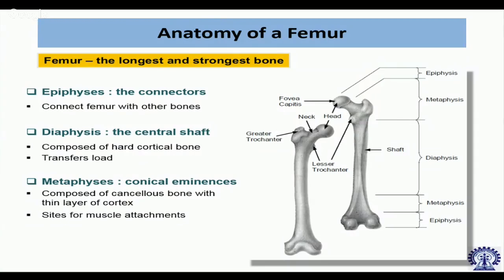We will discuss that a little bit later. So this metaphysis is basically regions where there is a lot of muscle attachments. So you can see already here that somewhere in these regions we have a lot of muscle attachments.